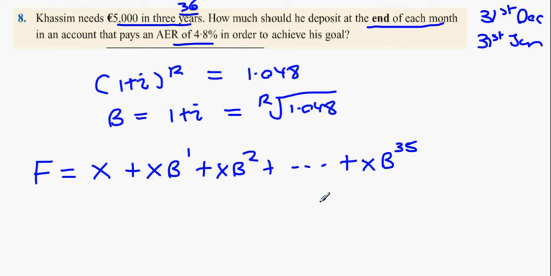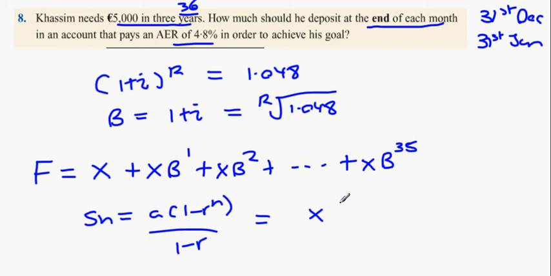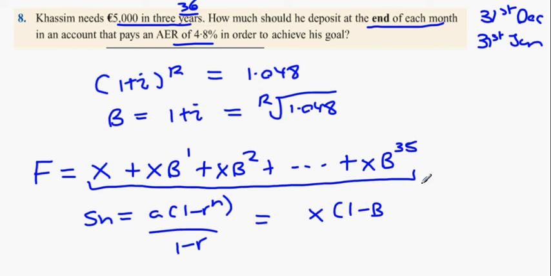Now we know we're going to use a geometric sequence, so it's going to be a into 1 minus r to the n, all over 1 minus r. What we're going to get is x times 1 minus b. Now remember, it's 36 different installments, so b to the power 36, all over 1 minus b.